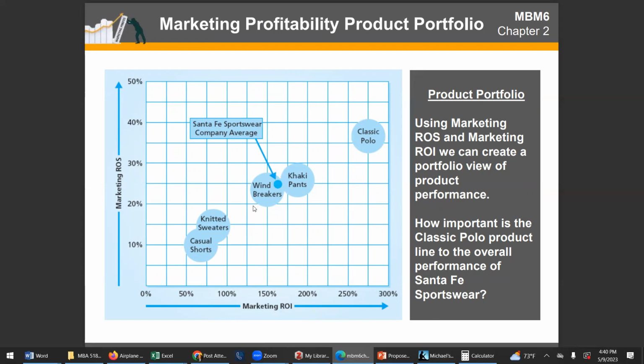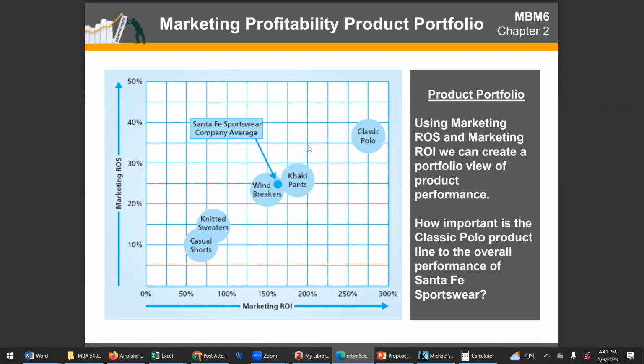So you can basically see that windbreakers are maintaining a hold right at our average, but casual shorts and knitted sweaters are underperforming, and classic polos are above average and overperforming. So are khaki pants.